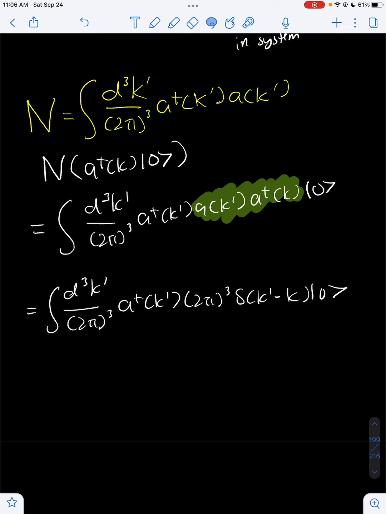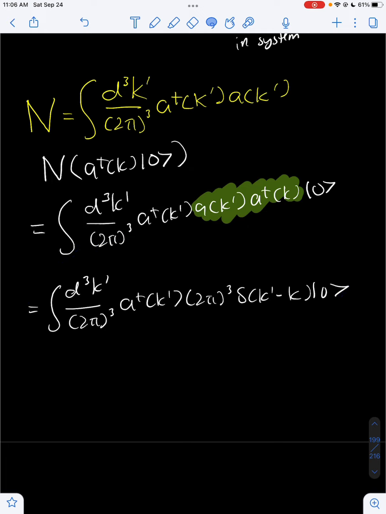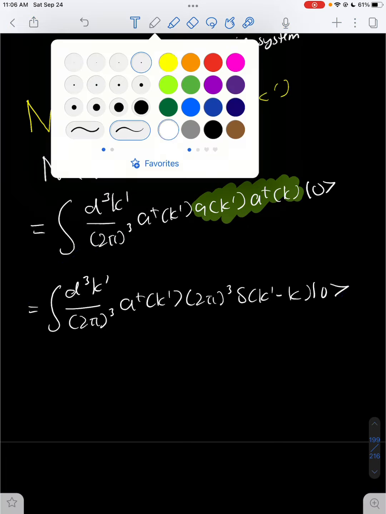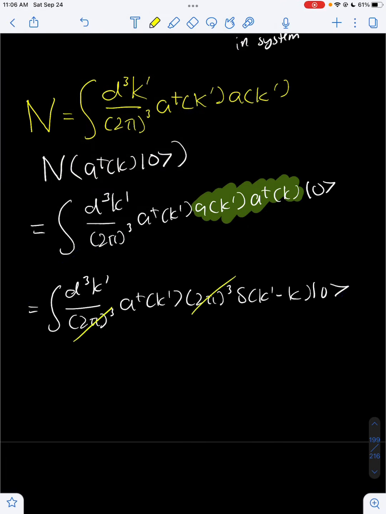So now we have this over here, and these 2 pi cubes are going to conveniently cancel out. And we can use the property of the delta function, where the integral of f of x times delta of x minus a is just f of a. So that's just going to leave us with A conjugate k times the vacuum state.